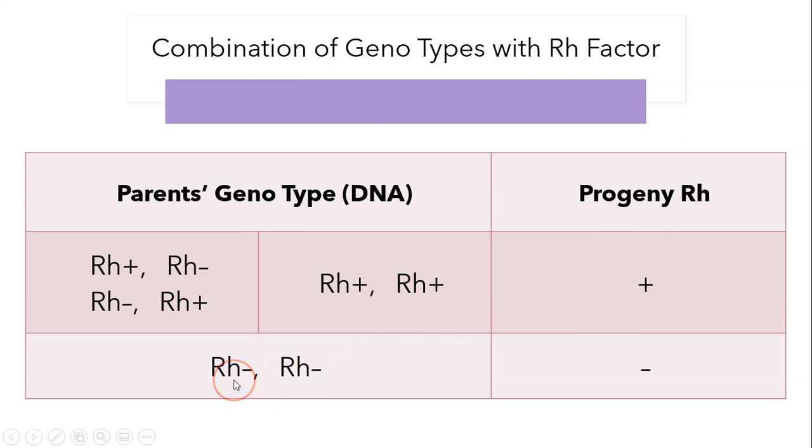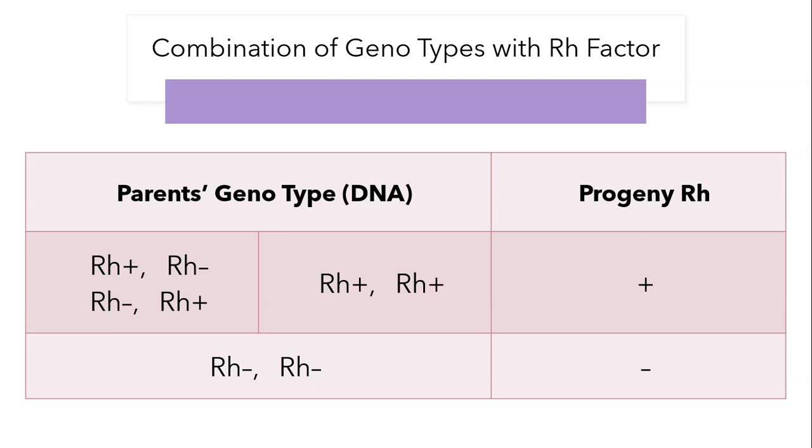And if both paternal and maternal genotypes are negative, then the possibility in progeny will be negative. So all these combinations we have to use.